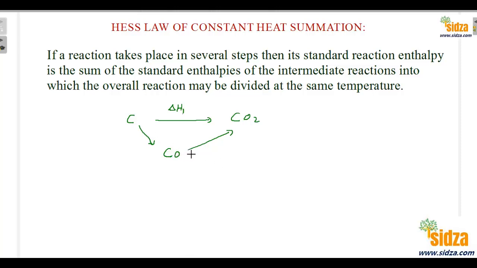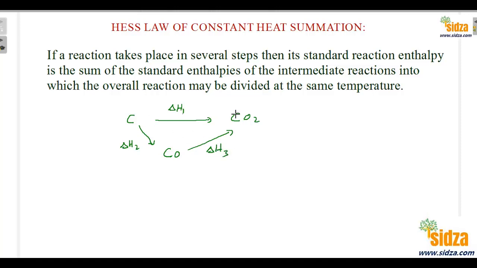Here you can see we are carrying out the reaction in two steps. First we convert the carbon into carbon monoxide and then into carbon dioxide. When you change the carbon into carbon monoxide, let's suppose delta H2 is the energy change, and here it is delta H3.